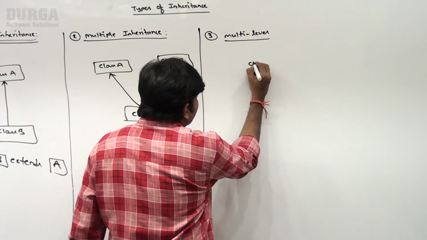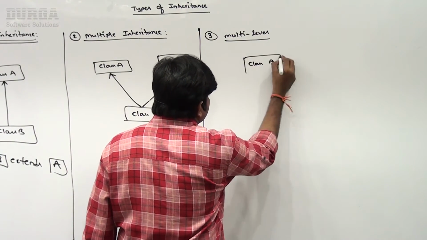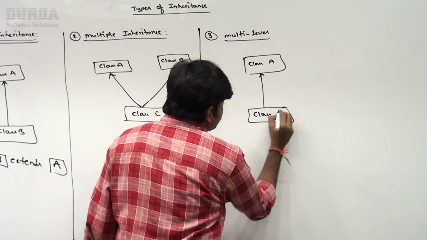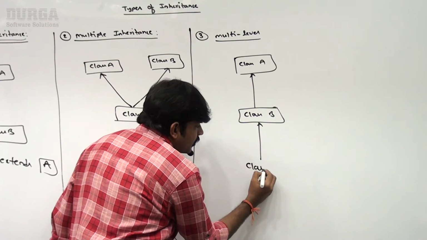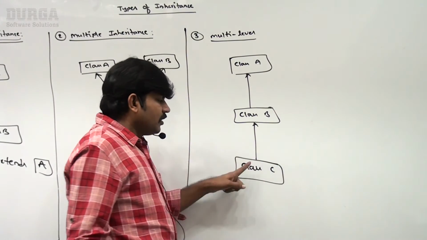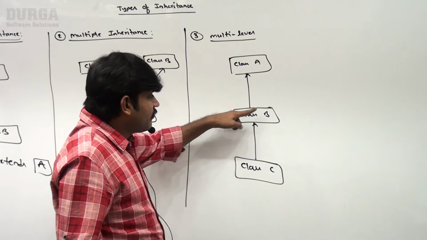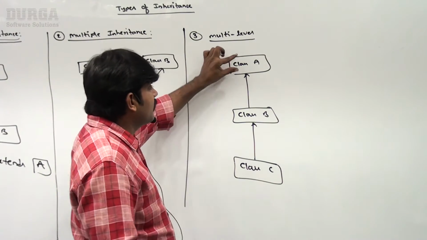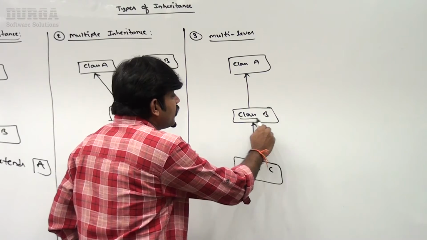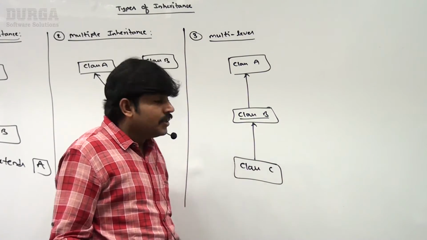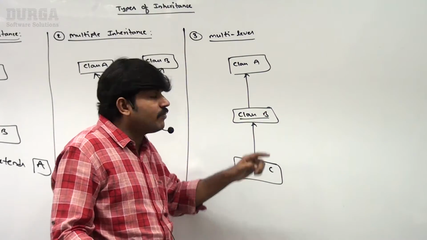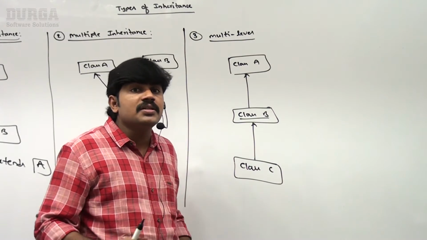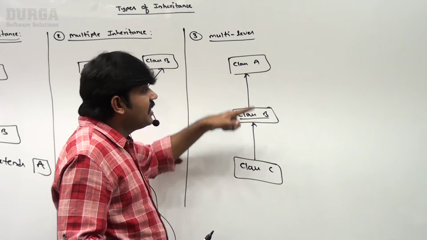Here, class A, class B, class C. Class C is the child class of B, B is the child class of A. Whatever methods are available inside A are automatically available to B, because we are not required to redefine them. Whatever is available inside A and B is by default available to the C class. This type of inheritance is multi-level inheritance.